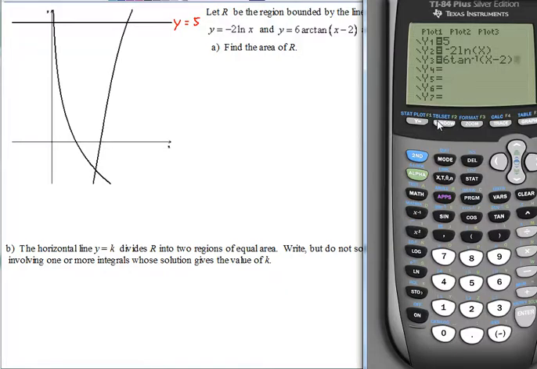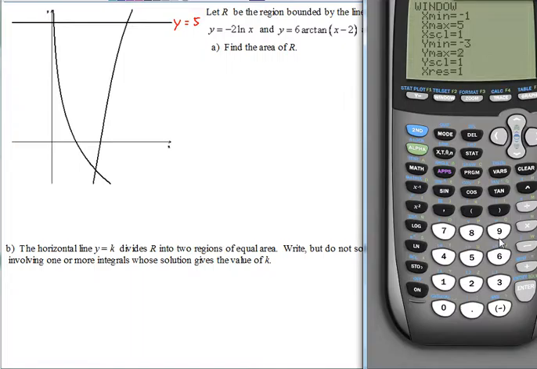And let's change our window size here from negative 1 to, let's try 5. Y minimum, let's make that negative 3. Y maximum, let's see, we've got y equals 5, so maybe 6.